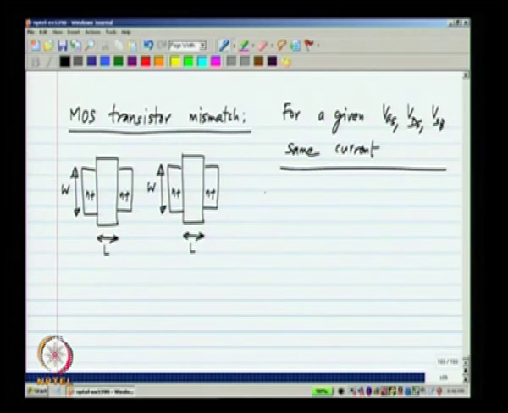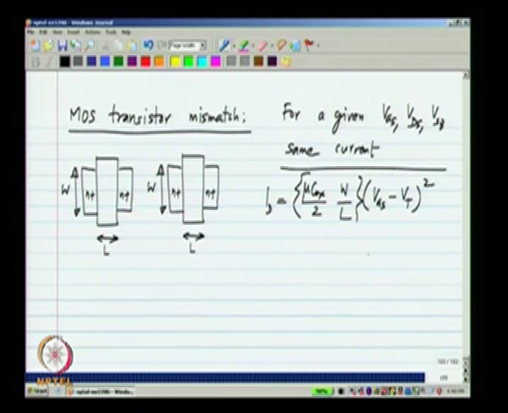But first of all, we will use the square law model in saturation region, which says that it is mu Cox by 2 W by L (Vgs minus Vt) squared, and this entire multiplying factor, let me call it beta by 2 (Vgs minus Vt) squared. Beta is nothing but mu Cox times W by L. So, now there are really only two parameters, beta and Vt. Okay. So, we will describe the mismatch in beta and Vt.